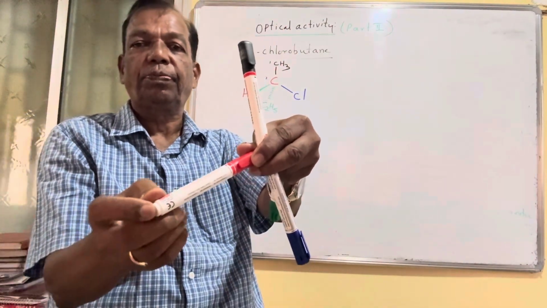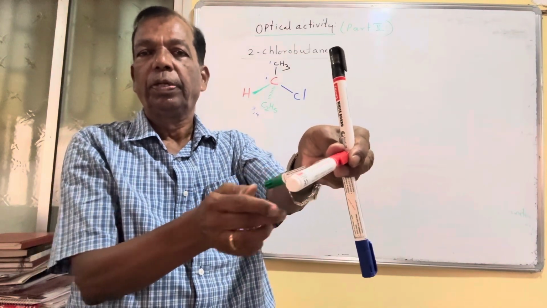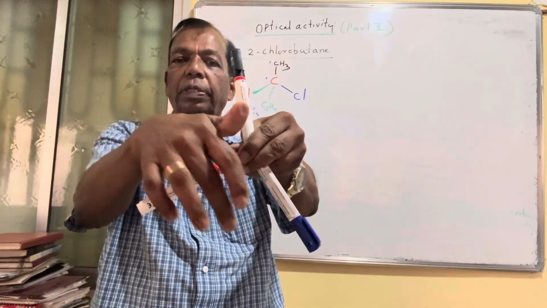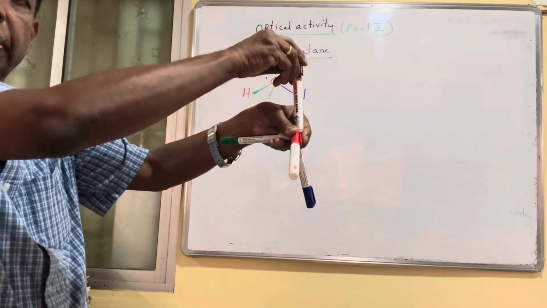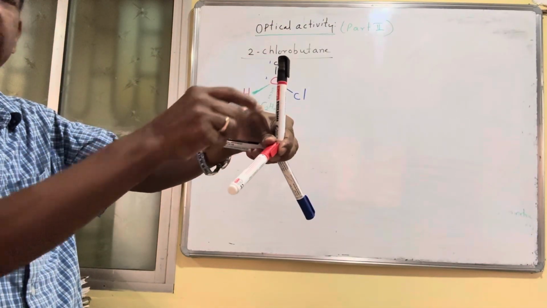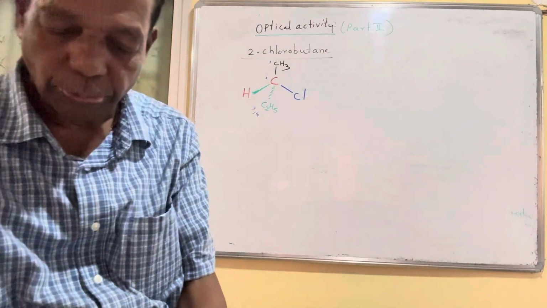This is facing towards you, and this one is away from you. This carbon will be the asymmetric carbon, because it has 4 different groups attached to it. Now this will be 2-chlorobutane.